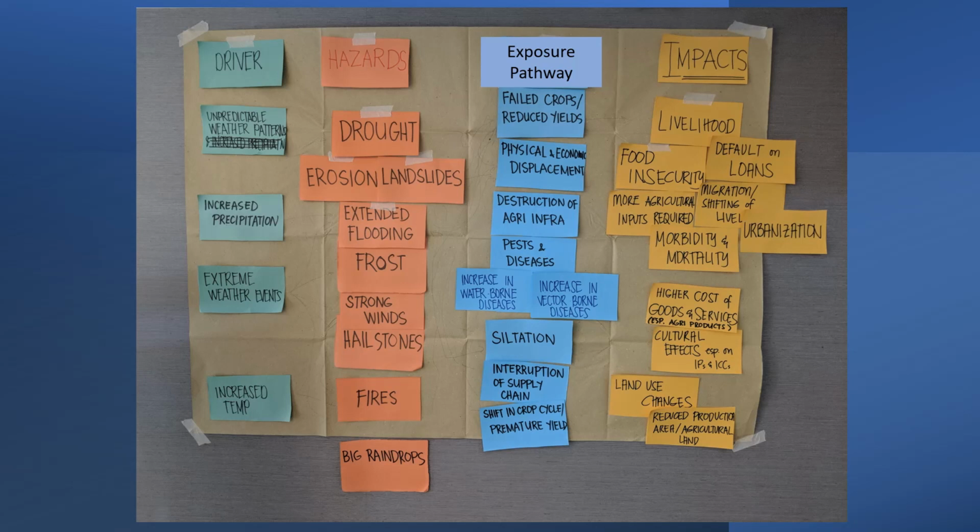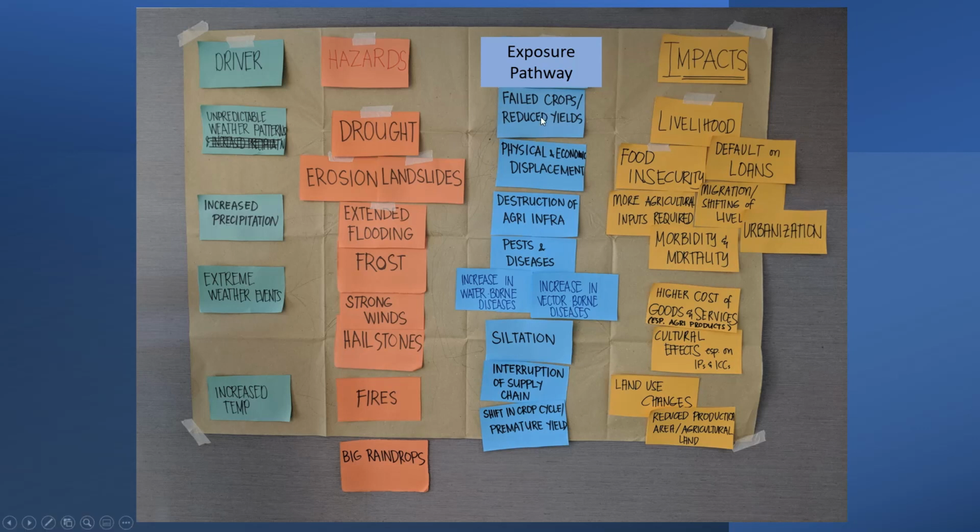There's usually a source from the government that we can find. Same thing with the hazards. If we say that increased temperature in our country is leading to more drought, we should be able to show a record of drought over the past 30 years or over the past 50 years, so that we can point to that and say, yes, indeed, droughts are becoming more frequent, and this is how we can prove it.